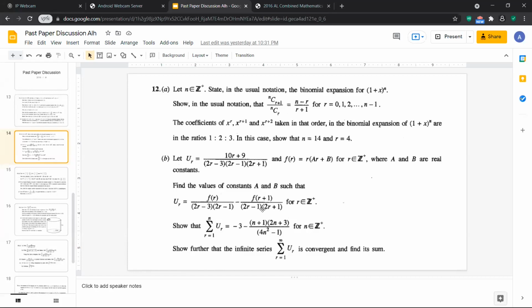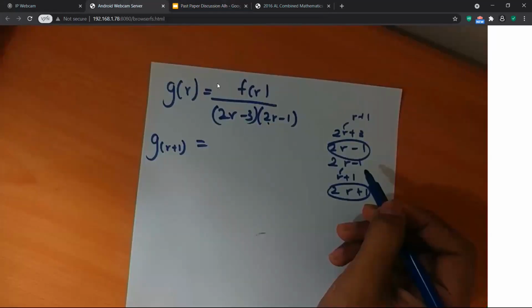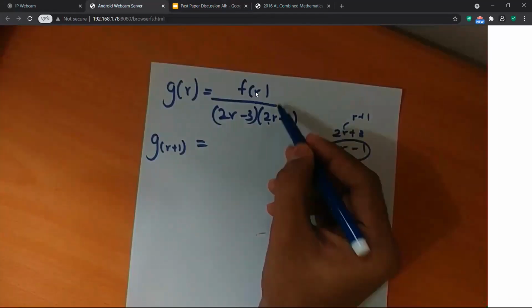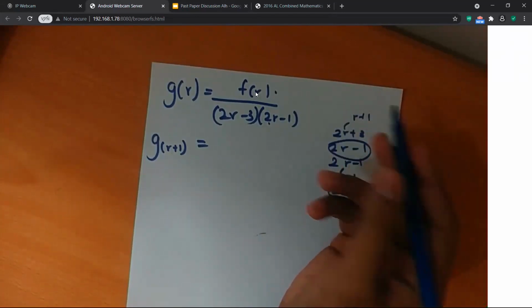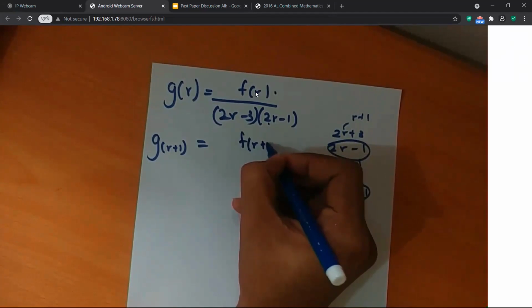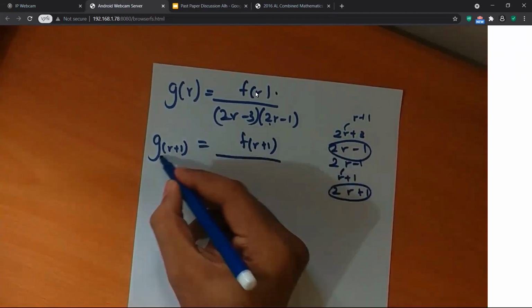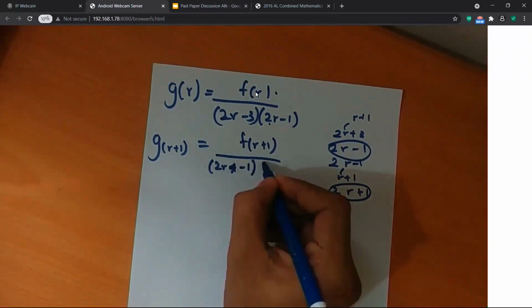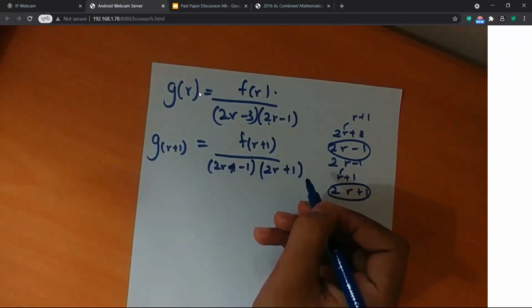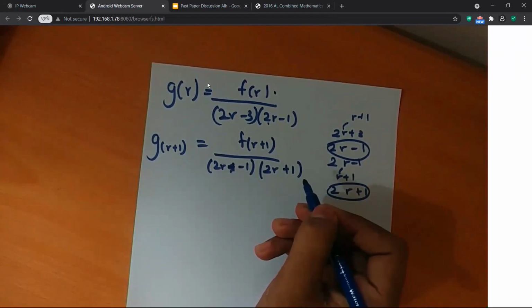So if we put r plus 1 for this, we'll get the denominators as this. So the top part, f(r plus 1), is already correct, right? We have f(r), we just substitute r plus 1 where r is, and that's correct. So where there's r, you substitute r plus 1, and then you get the same answer.